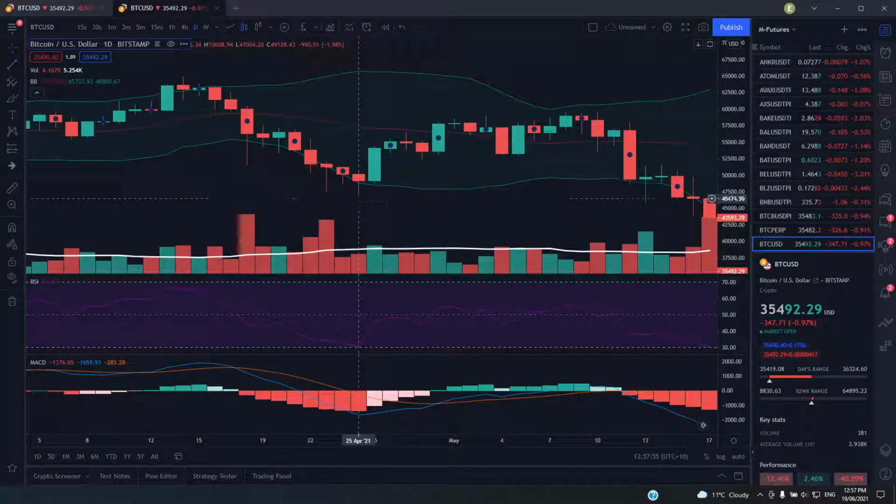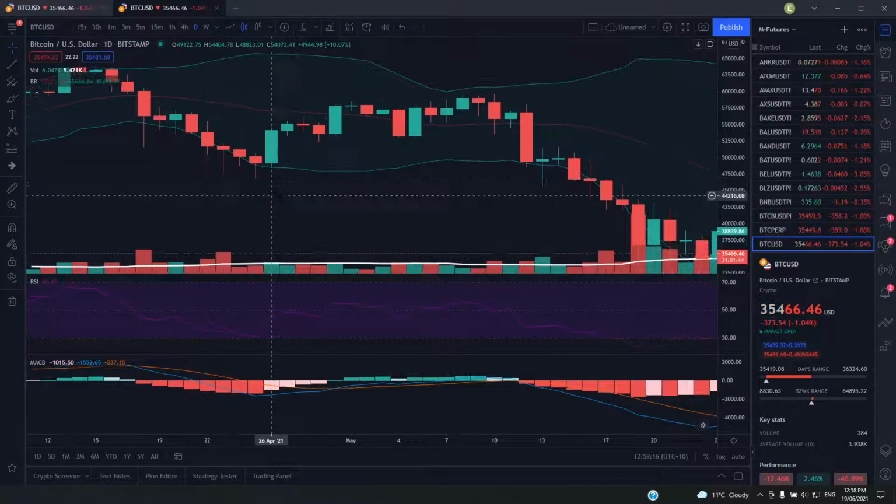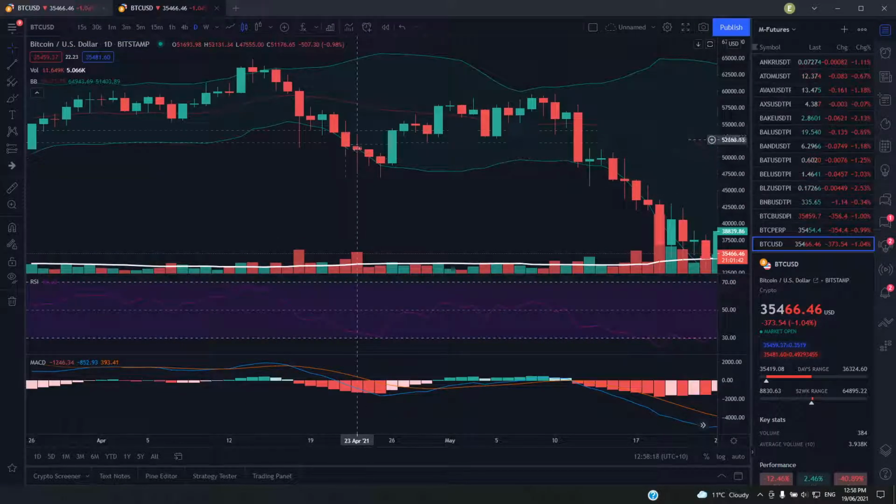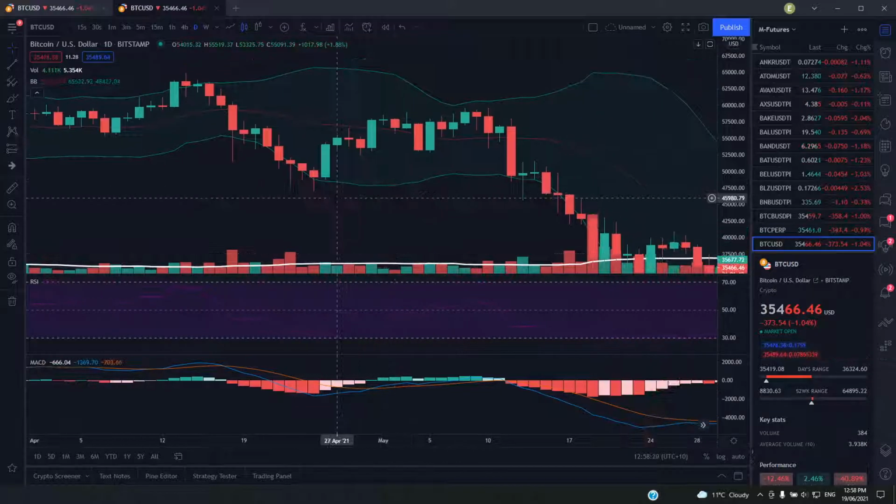Regardless, they're telling us the story: yes, Bitcoin is riding the lower band, but by John Bollinger's band rules the price is cheap, even at 50,000, 47,000, 46,000. That's why price pushes back up from the lower band.